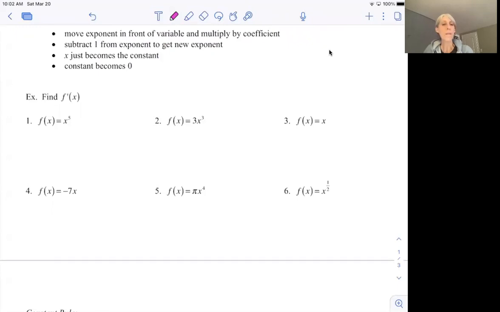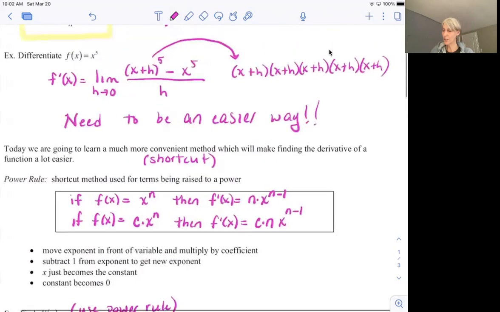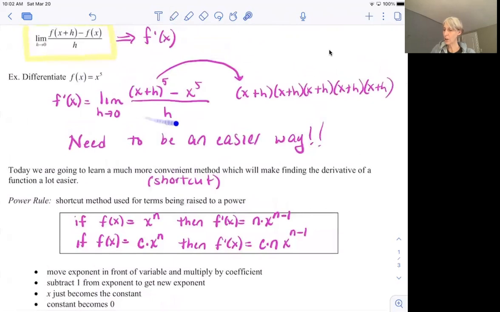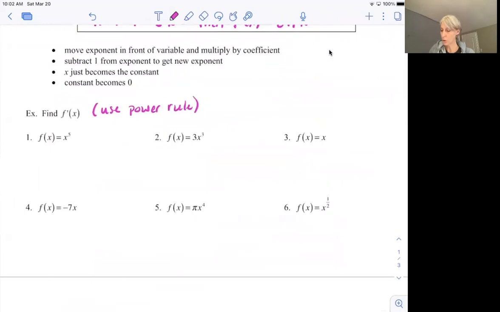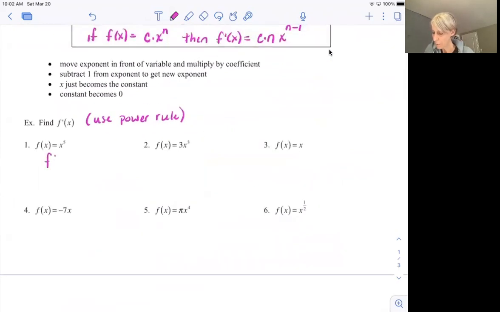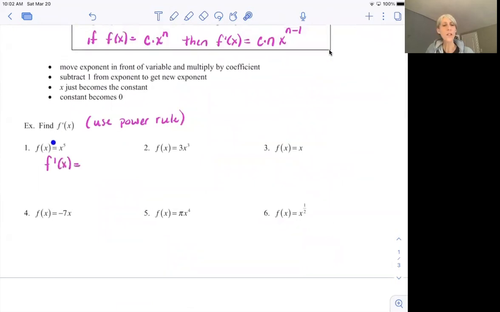So we want to find f prime of x. And now again, we're going to use the power rule. We're not setting up the definition of the derivative. So instead of working out this big long thing up here, now we're just going to use this nice shortcut method. So f of x equals x to the fifth. F prime of x is going to equal, we're going to move the power down in front, multiply it by any number that's in front there.